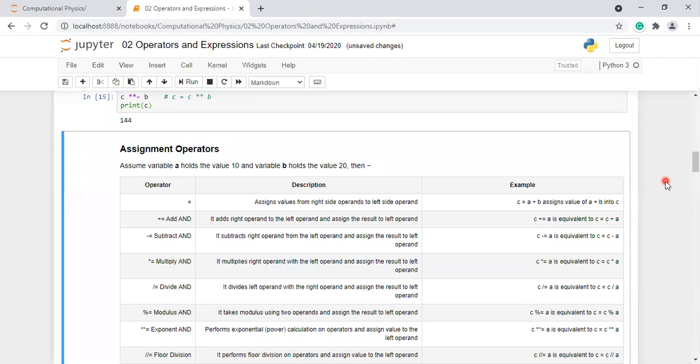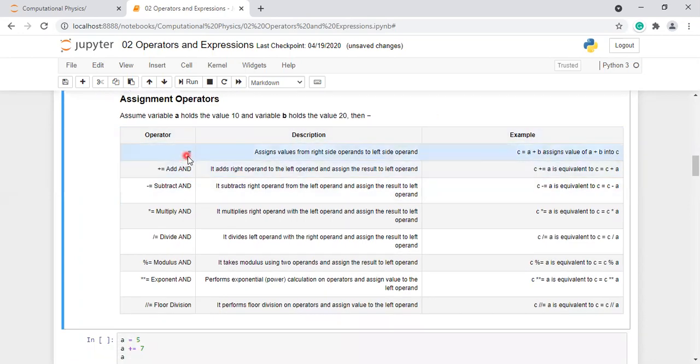Assignment operators. In the example, assume variable A holds the value 10 and variable B holds the value 20. The equal to operator assigns the values from the right side operands to the left side operand.